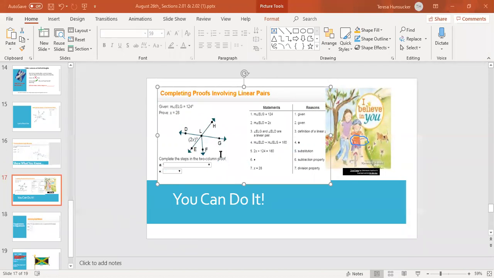so we're going to do 124 plus 2x equals 180, because ELG and DLE are a linear pair and they sum to 180.